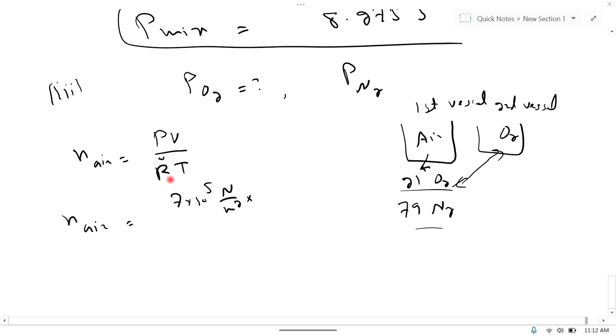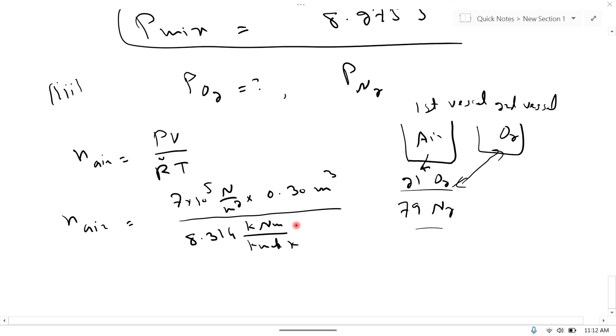the volume of air is basically 0.30 cubic meter, divided by the universal gas constant, 8.314 kilojoule per kilomole per Kelvin. Joule is equal to Newton meter, so kilonewton meter per kilomole per Kelvin.